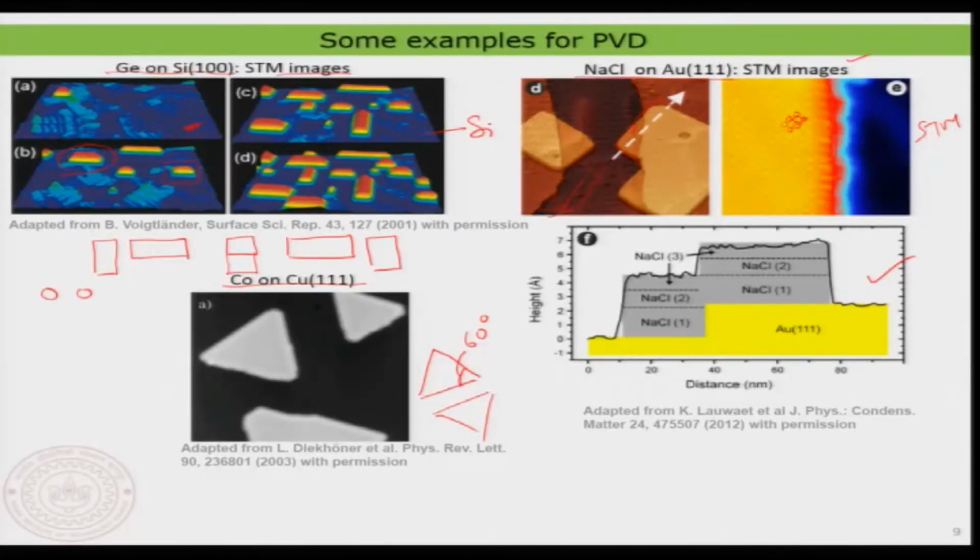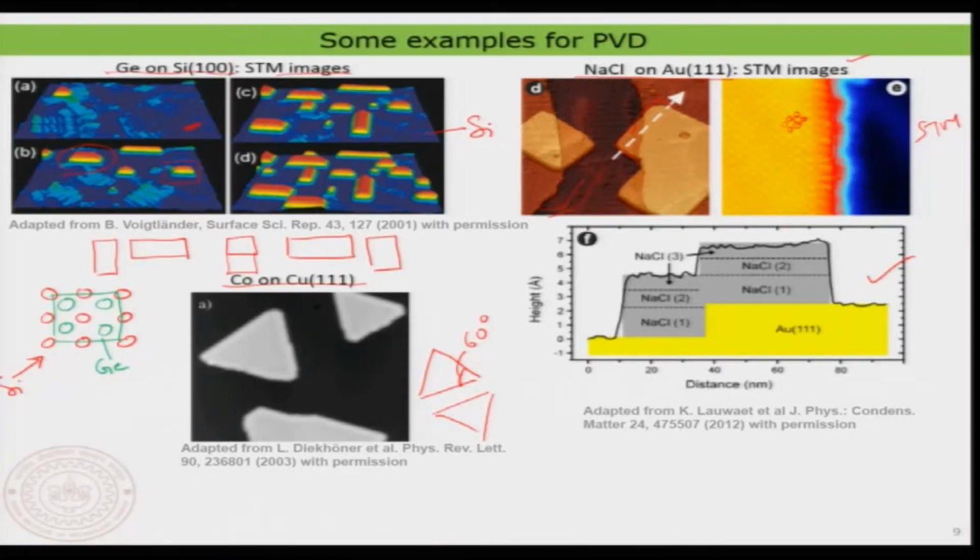If I deposit atoms on top of a 4-fold symmetric surface, let us imagine that this is the way the atoms are arranged on the silicon surface. Now, we take a different color for the germanium atom, and imagine the germanium atoms getting deposited like this. What do you see? You see a rectangular or a square type of island on top of the surface, right.